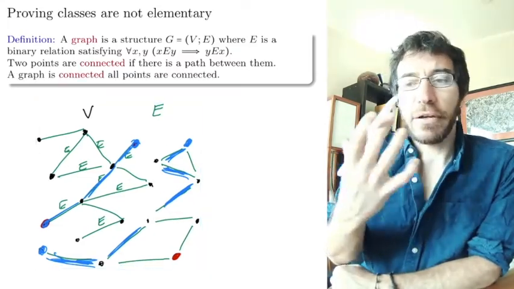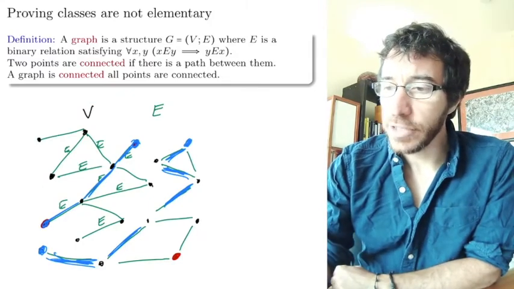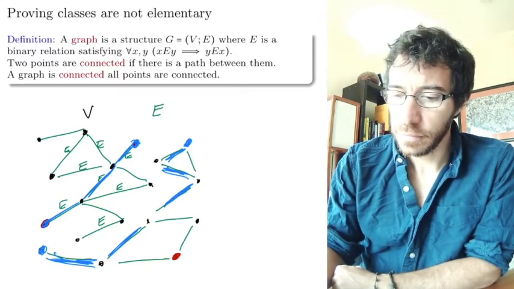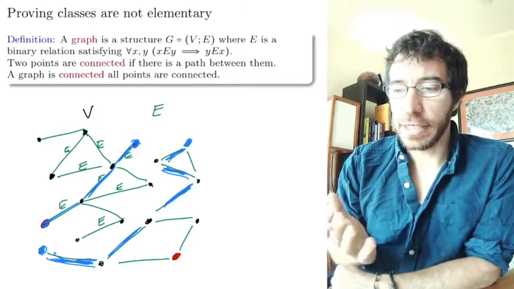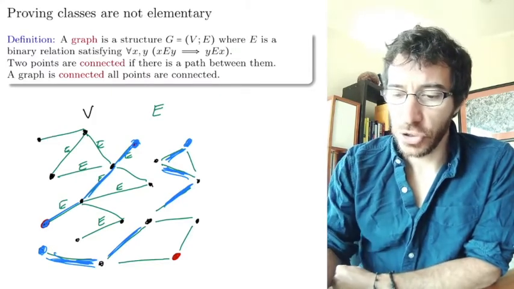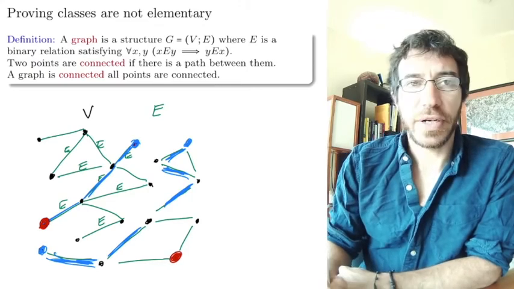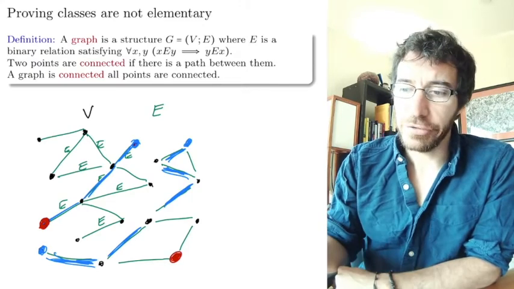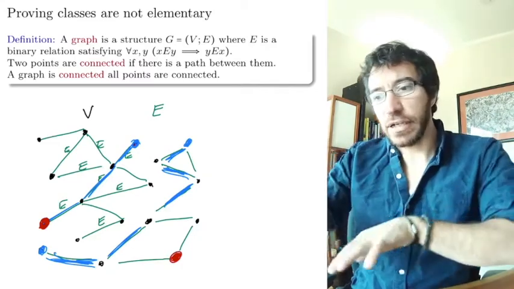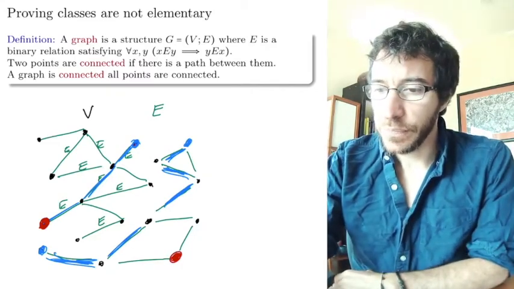And then we say that the graph is connected if any two points are connected. So this graph here is not connected because we saw already that this vertex and this vertex are not connected. And if you can see, the graph is kind of divided in two parts.